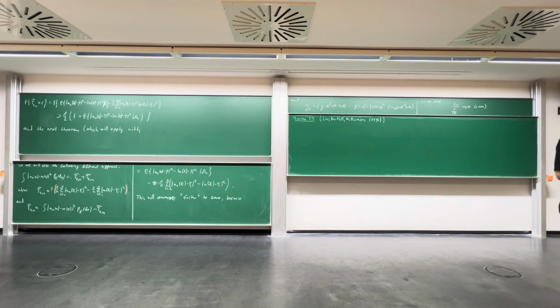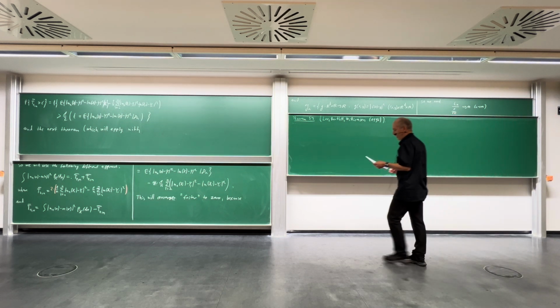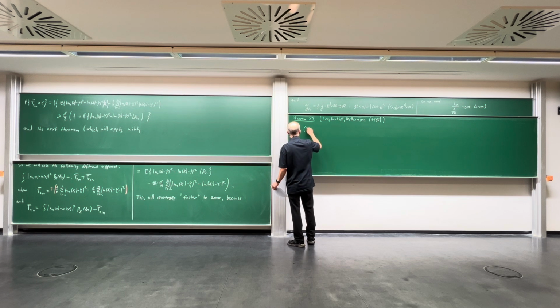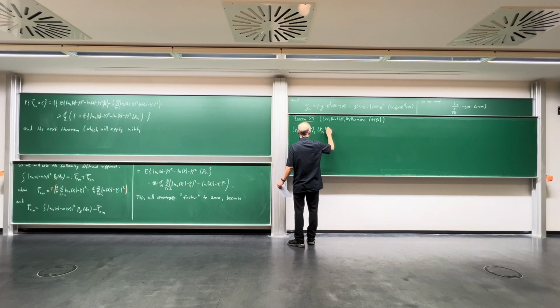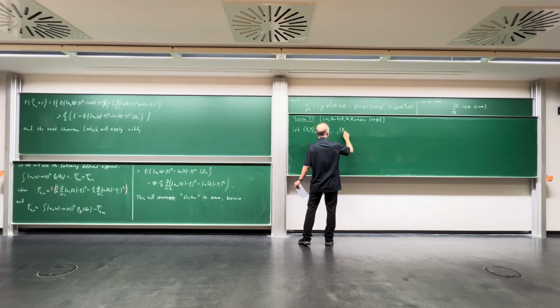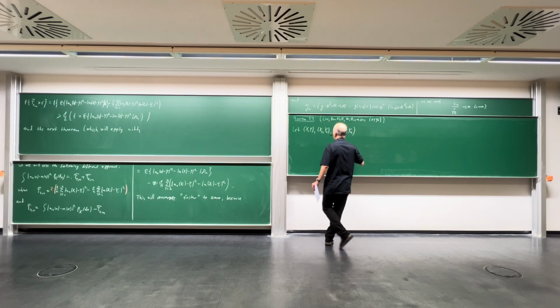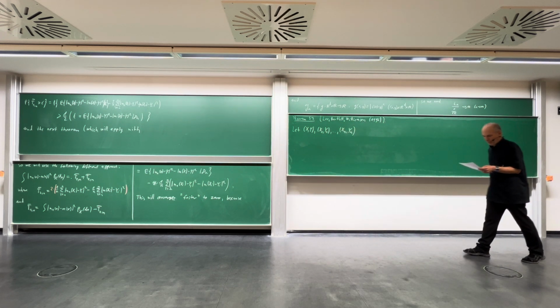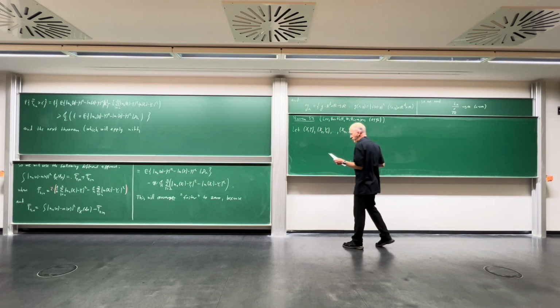We are in the usual regression setting, so we have IID random variables x, y, x1, y1, and so on, which are d times r valued.